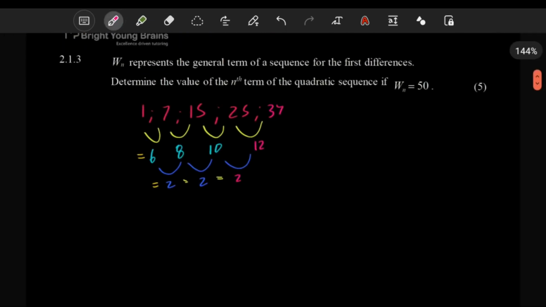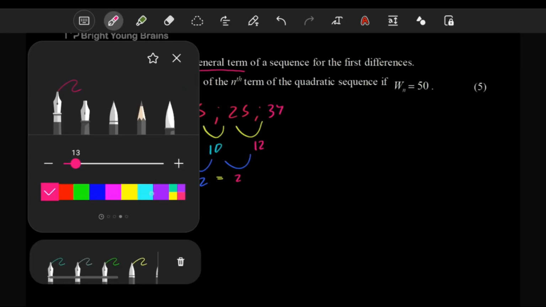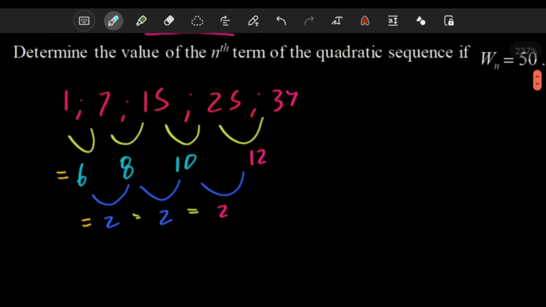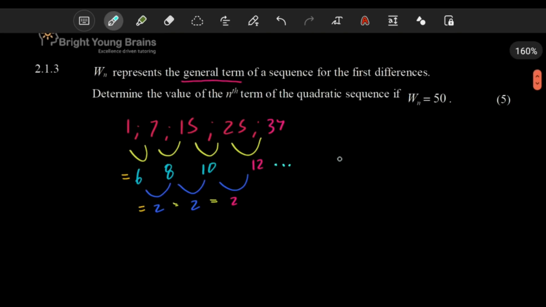Fantastic. So they said Wn represents the general term of a sequence for the first differences. What they mean is, in your sequence of first differences, 6, 8, 10, 12, going on and on, somewhere along the line you have the number 50.